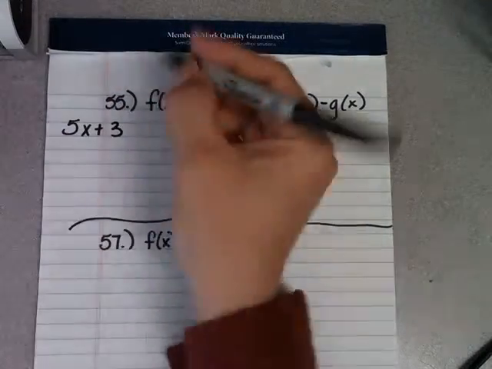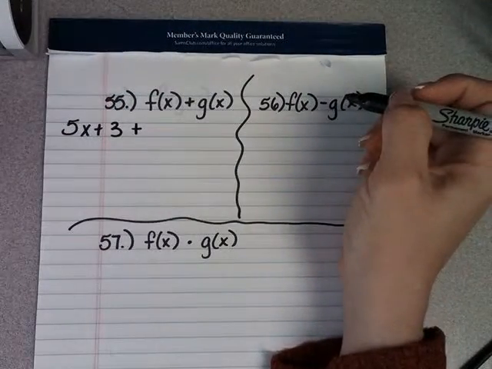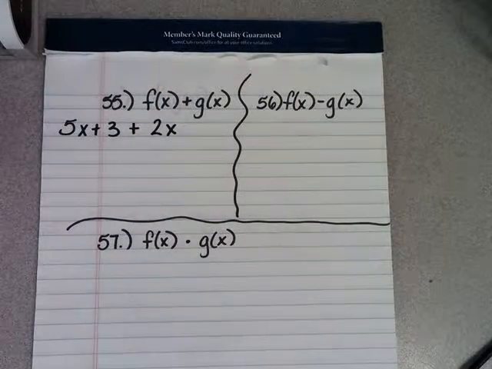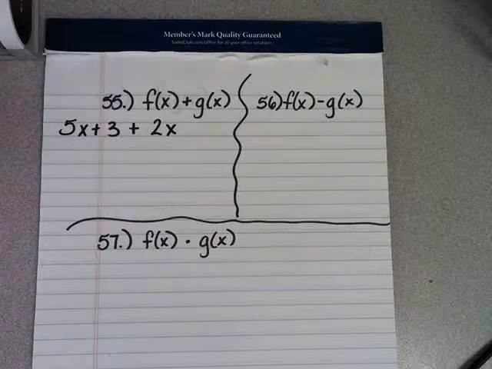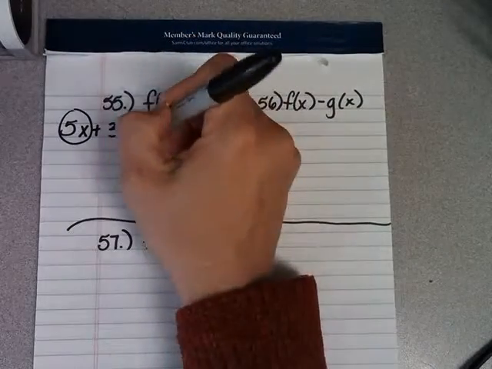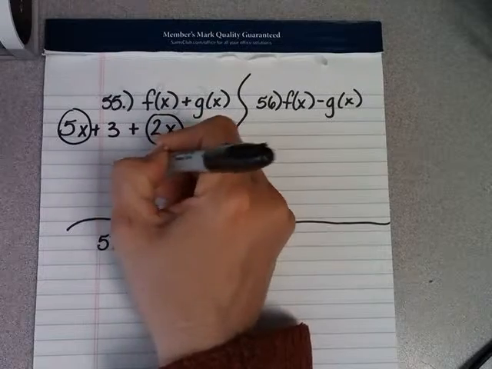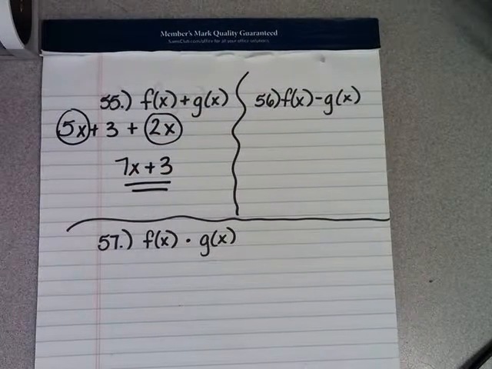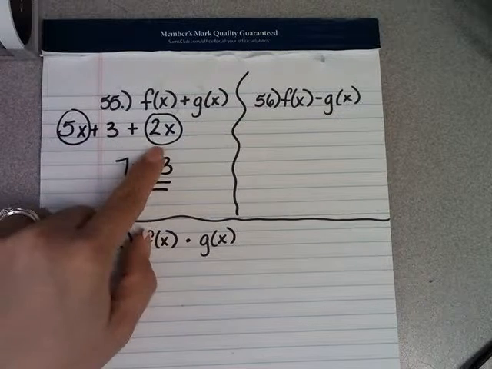And then it says plus. Now tell me what my g of x is. Plus 2x. Everybody see that? So now all you do is combine like terms, do as much as you can. So 5x plus 2x is 7x plus 3. Your answer for 55 should have been 7x plus 3. That's f of x plus g of x.